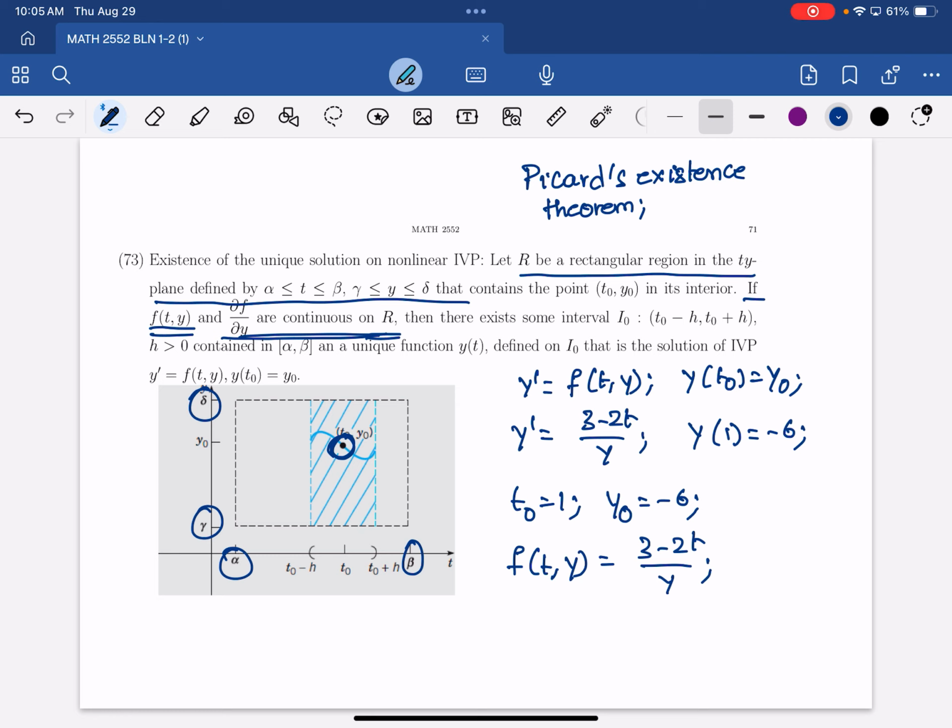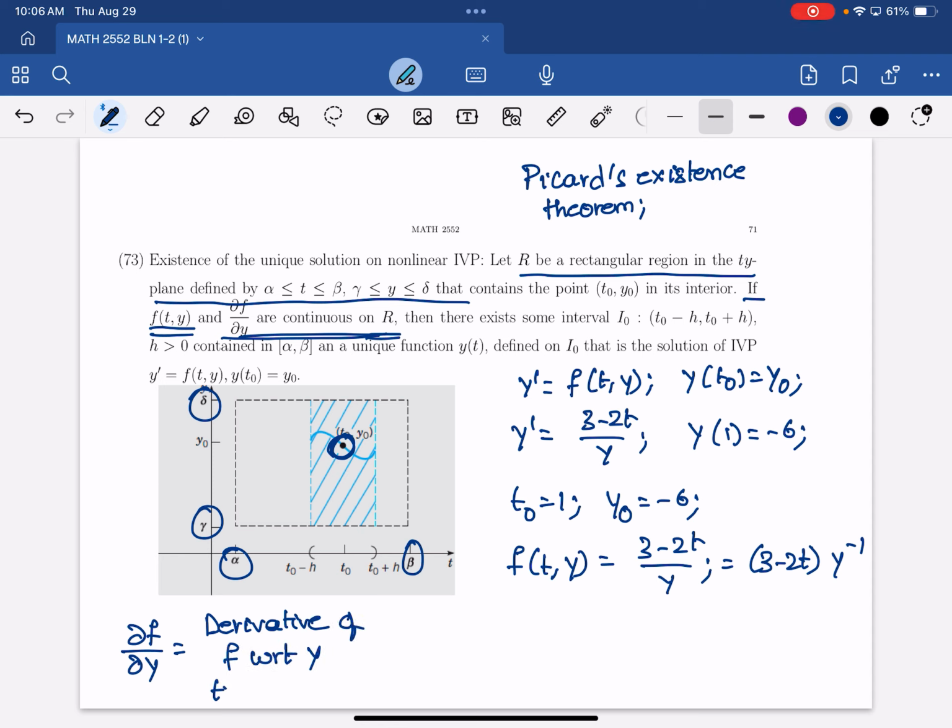And what is my partial f partial y? Now, if you have done 2551 multivariable calculus, it's pretty obvious for you. If not, this is nothing but the derivative of the function f with respect to y.